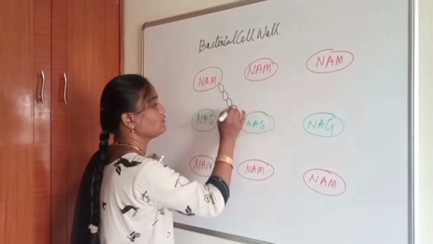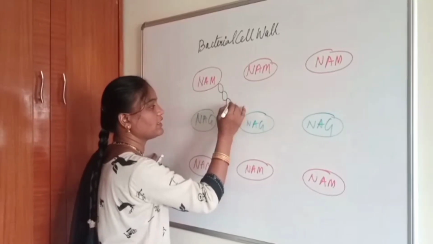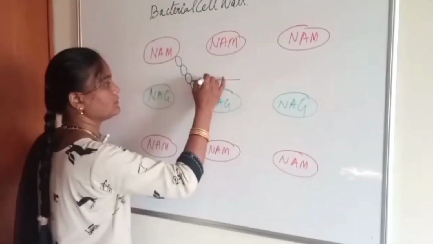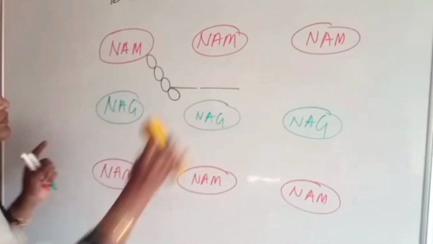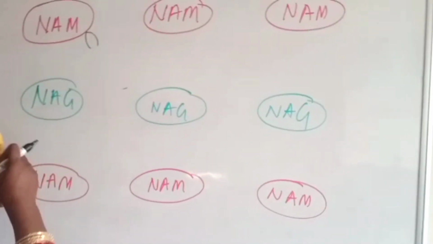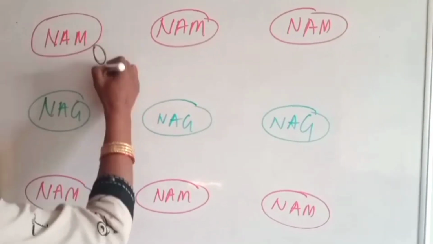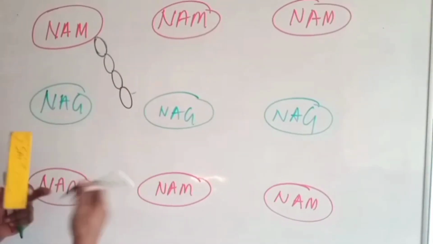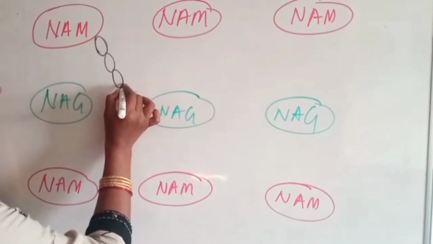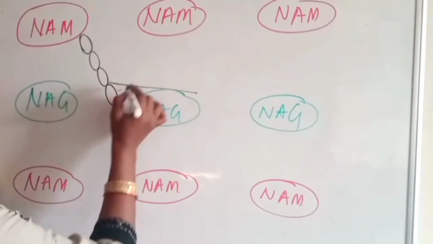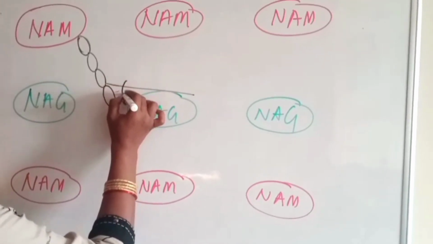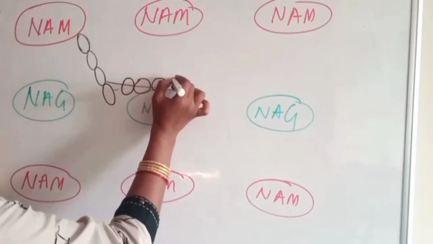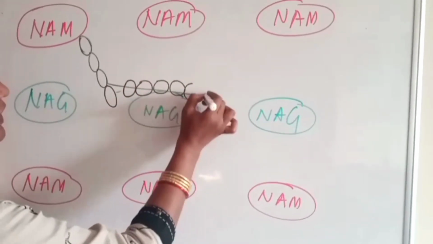This third amino acid is cross-linked with your pentapeptide glycine residues, 1, 2, 3, 4 and 5.